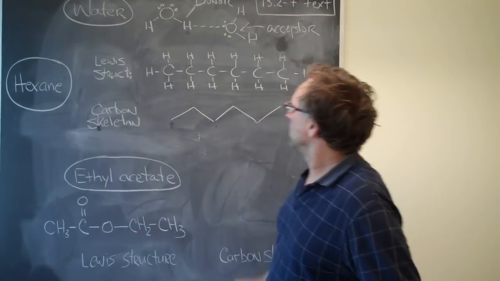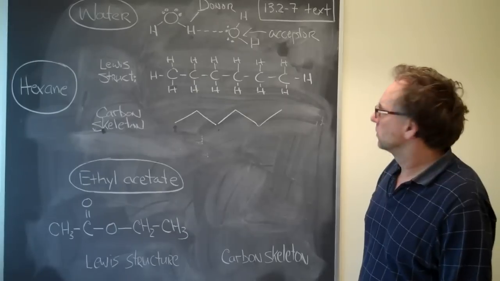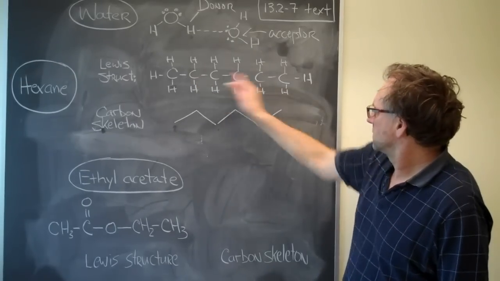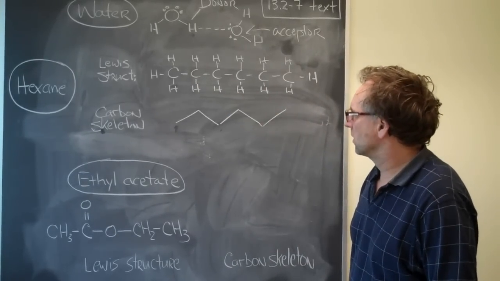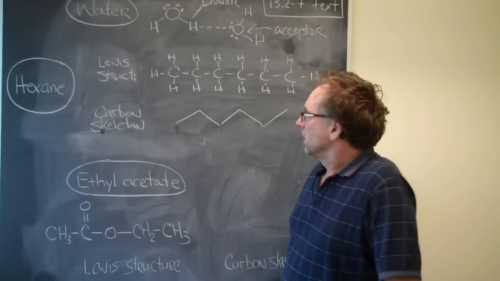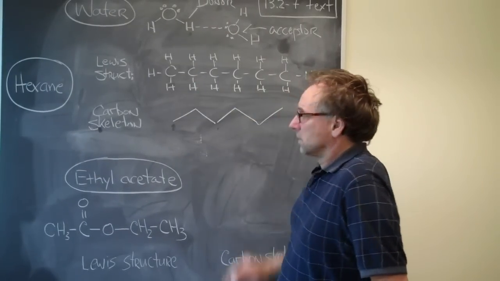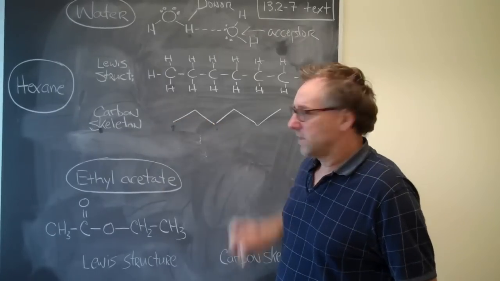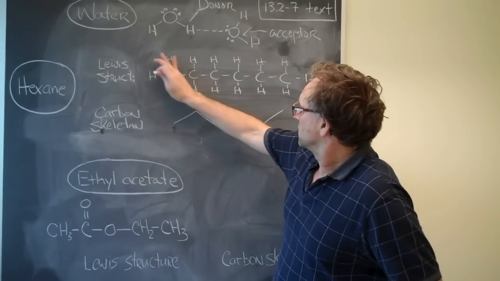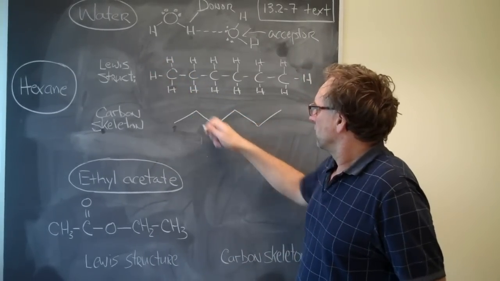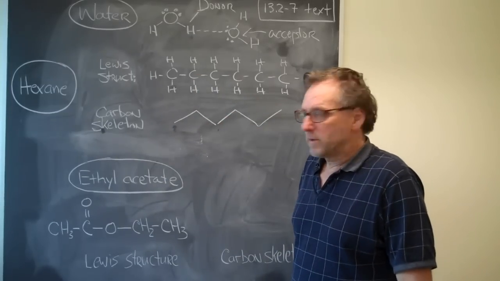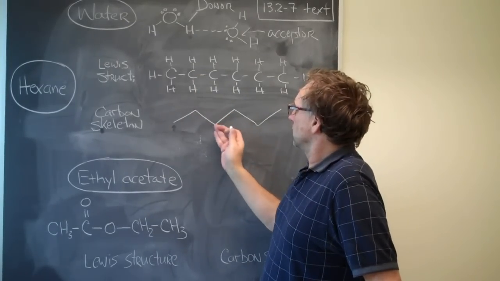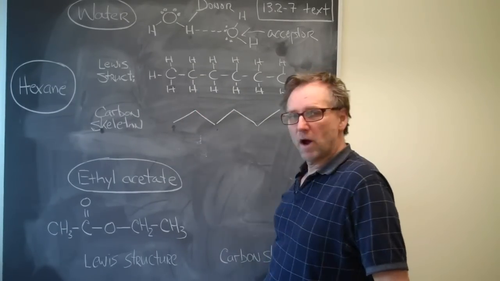The next molecule is hexane. I've drawn out the Lewis structure of hexane. It's a 6-carbon organic molecule. The rule on drawing line drawings, or also known as carbon skeletons, is that whenever we have the end of a line, that means it's a CH3, and wherever I have a kink, it means that there's a carbon there, and if nothing else is shown there, it's just assumed that that carbon has 2 hydrogens on it.